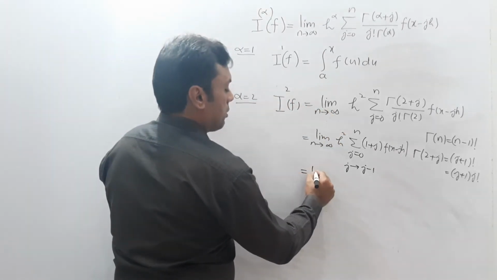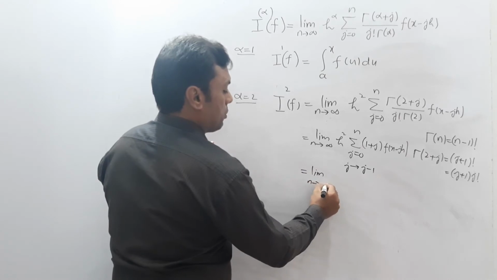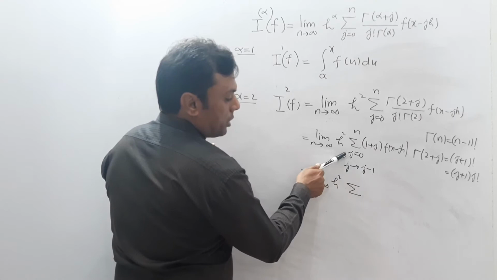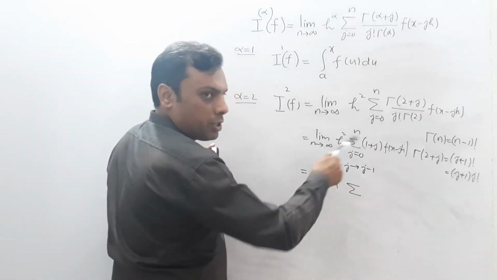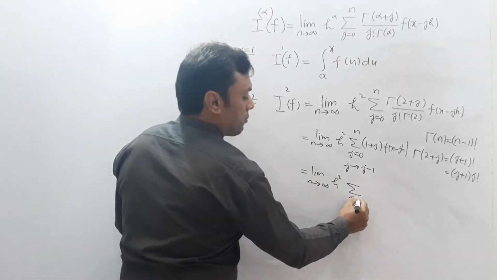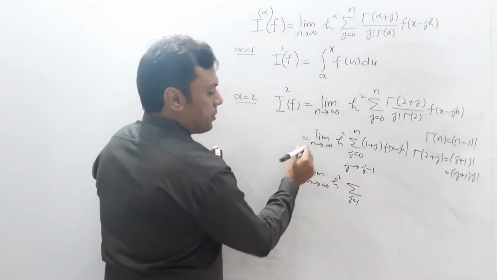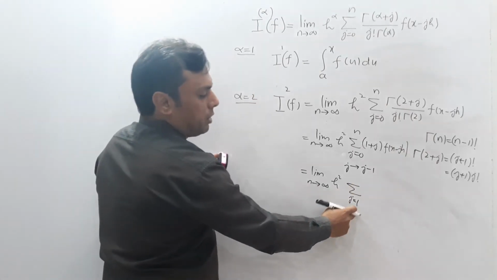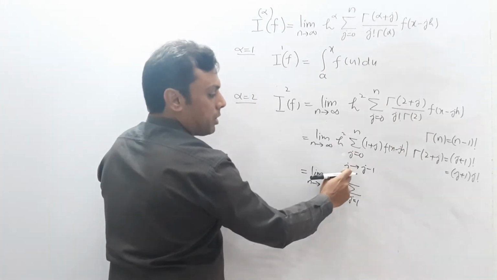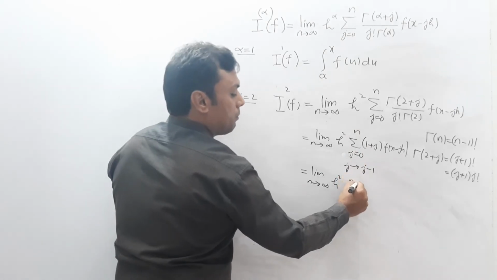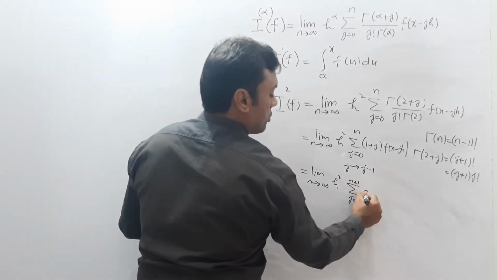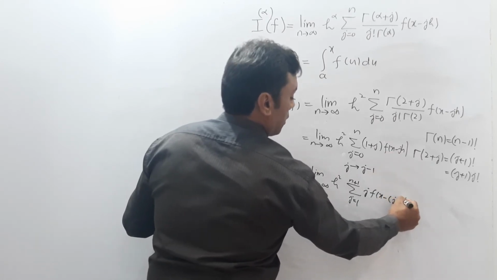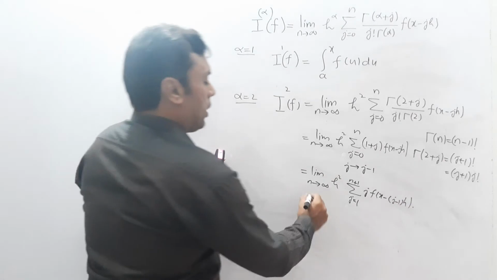This makes limit n tends to infinity h square, and when j is replaced by j minus 1, j minus 1 equal to 0 means j starts from 1. Since j equals n, when I replace j by j minus 1, it becomes n plus 1, and this becomes j and f of x minus j minus 1 into h.